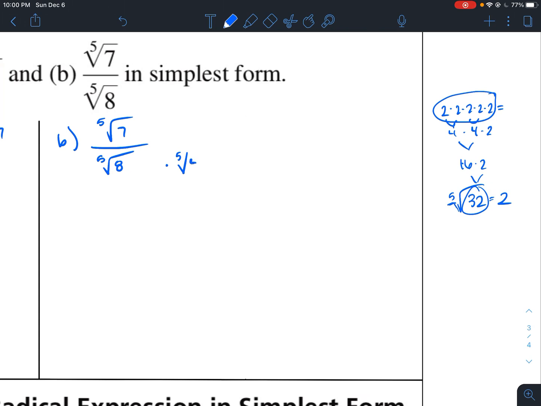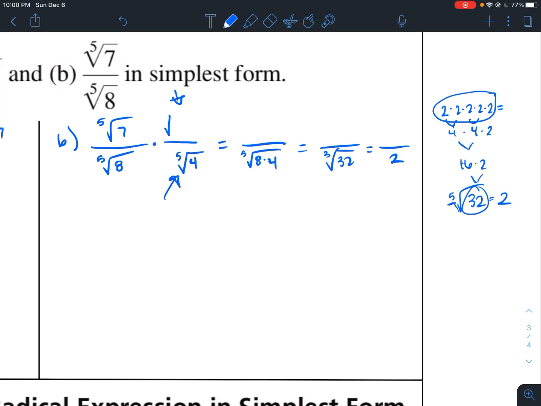So if I multiply this by the fifth root of 4, then I will get, in the denominator, the fifth root of 8 times 4, which would be equal to the fifth root of 32, which I know is equal to 2. Now the problem here is that if I multiply the denominator, I also have to multiply the numerator.